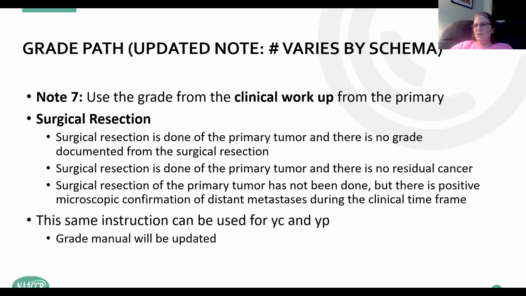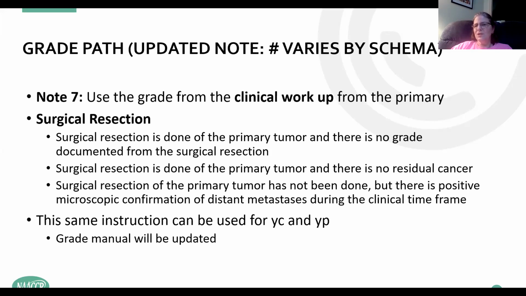The last one is surgical resection of the primary tumor has not been done, but there is positive microscopic confirmation of distant metastasis during the clinical time frame. So we are really getting into AJCC coding guidelines here. So let's say you had a biopsy of the lung and it showed squamous cell carcinoma, and then they did a liver biopsy which was positive for metastatic carcinoma.